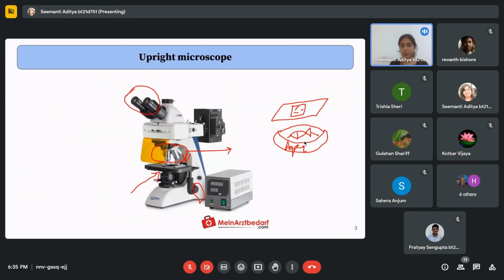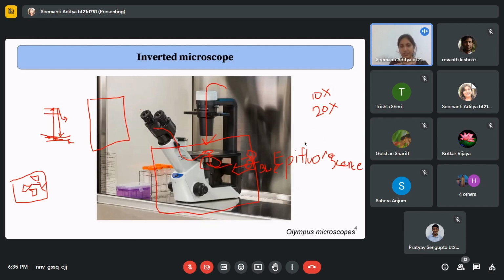In an upright microscope, we don't have objectives like 10x, 20x, 40x. I think the upright microscope objectives are 1x, 2x, very low resolution, because we are not working with very small structures there. We are working with the brain or an embryo, which are very big structures compared to cells, which are only some micrometers in length.